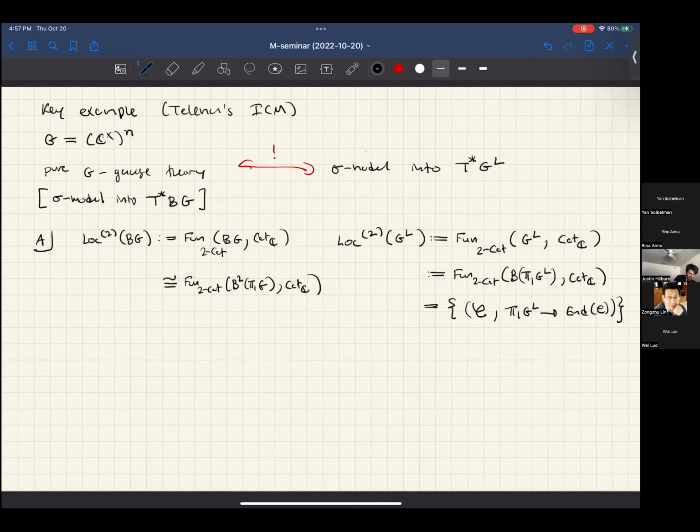And then this, you can write down, is just going to be the two category consisting of categories, but now you're going to have a map from pi1 of G into the endomorphisms of the identity of C, if you work out what this thing is.